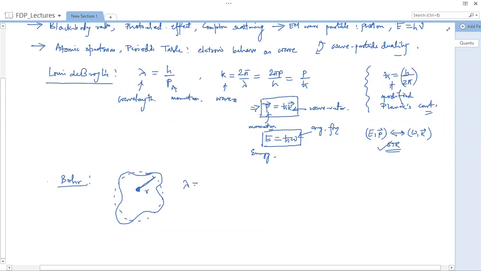then the wavelength lambda should be an integer multiple of the circumference 2 pi r. Let's start here.